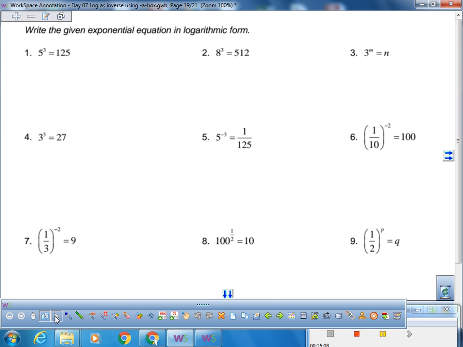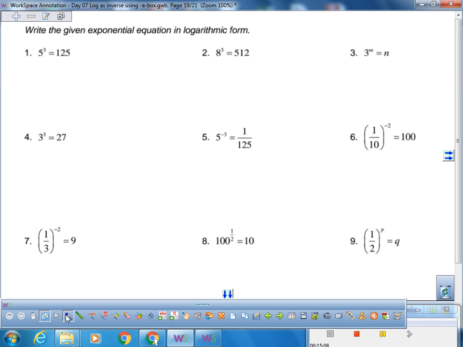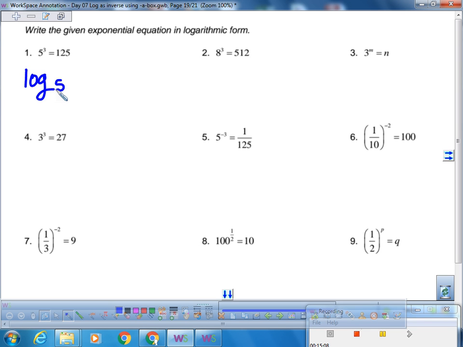So to rewrite this, I'm going to write it log with a base of 5, parenthesis 125 is equal to 3. 5 to the what equals 125, right? That's what we're writing.